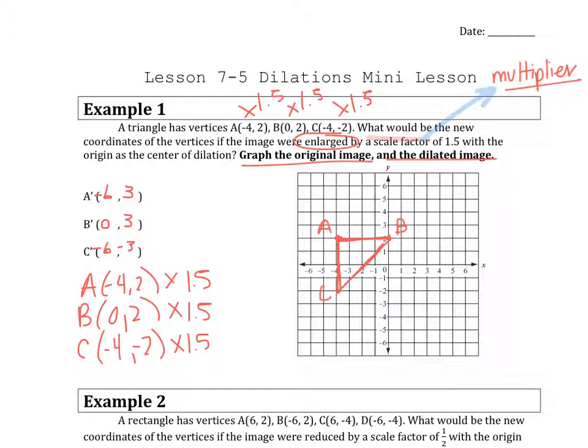I'm going to use a new color for our new drawing. I'm going to graph it as well. -6, 3 would be here, A. New A. That little hash mark just means it's the new A. 0, 3 is the new B. New B. And the new C is at -6, -3. 1, 2, 3.